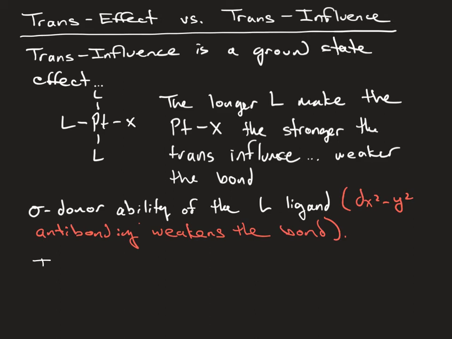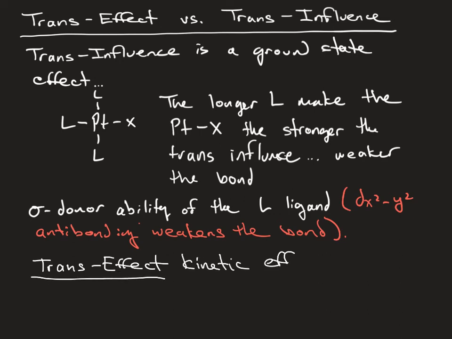The trans effect is a purely kinetic effect. It describes how rapidly that X ligand will dissociate from that metal site in response to having that ligand trans to it.